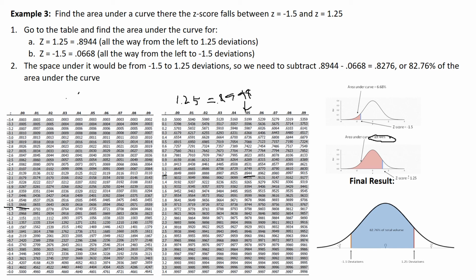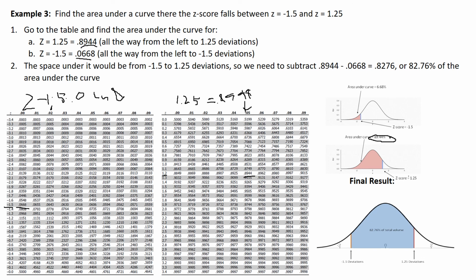This is z at negative 1.5 equals 0.0668. Again, I actually have the numbers typed up right here.